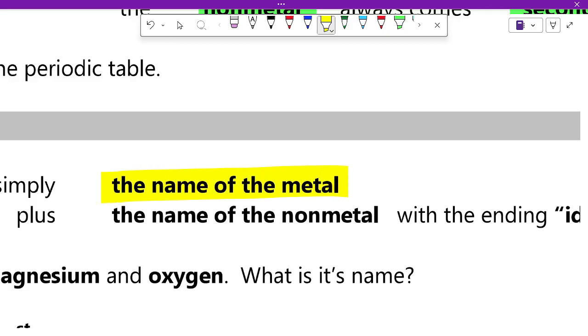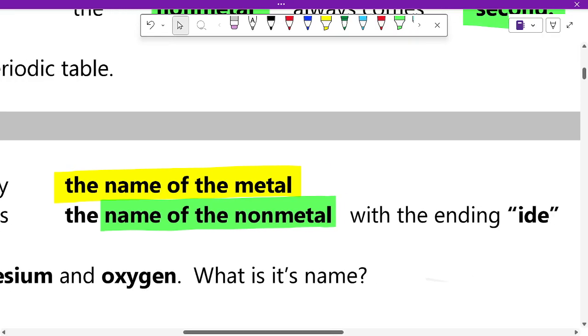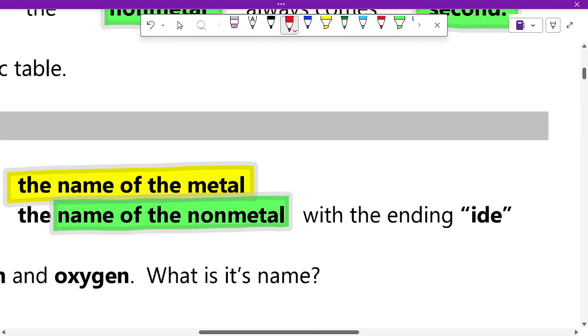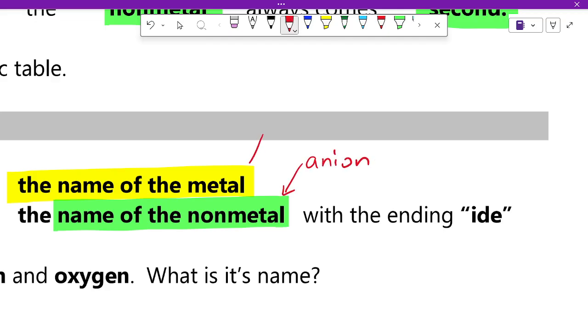And then, after that, you name the nonmetal, but because these are ions, the metal is the cation, positive.